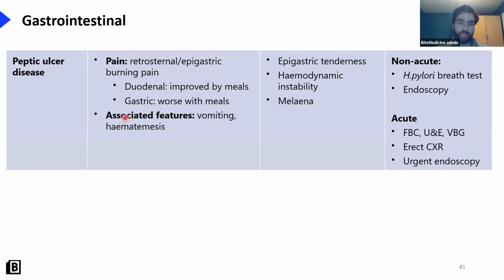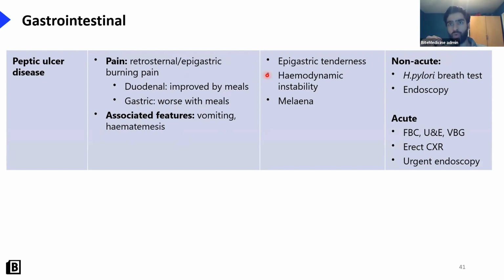And finally, peptic ulcer disease. So this can present in a similar way with that retrosternal epigastric burning pain, improved by meals if it's a duodenal ulcer, or worse with meals if it's a gastric ulcer. Patients will be vomiting, they might have hematemesis.